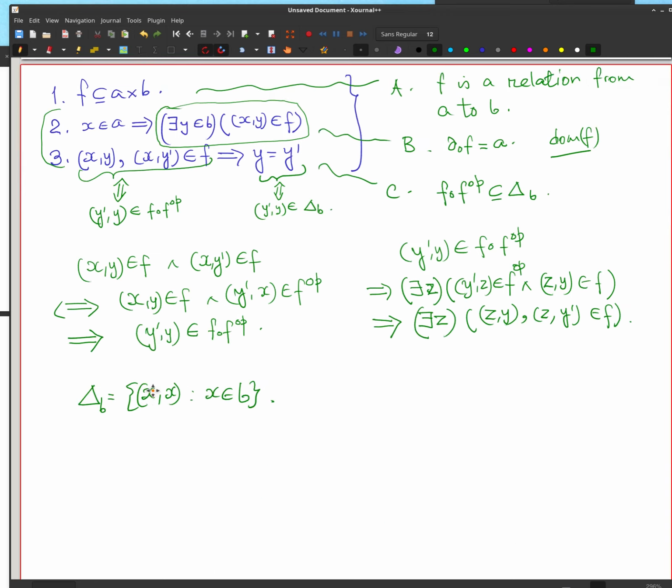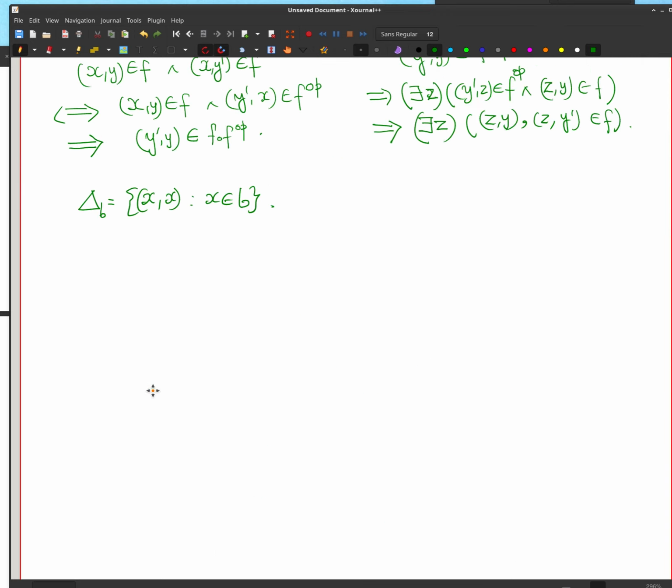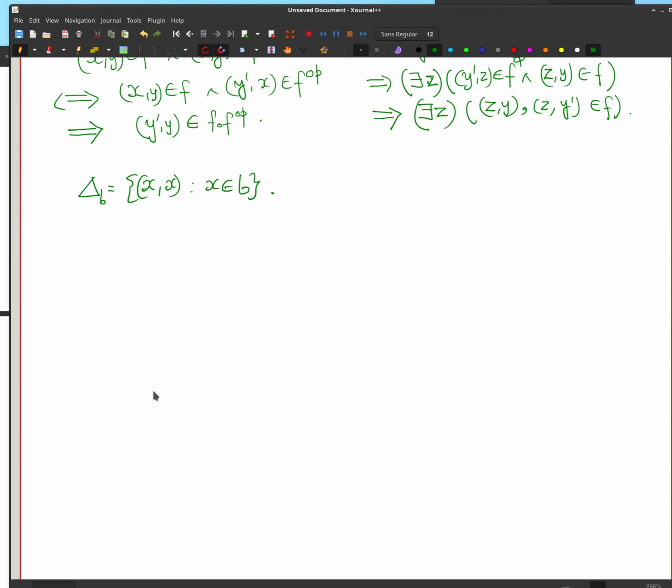Now, we will see later on, even speaking about elements, elements are just some special functions. Given the notion of an element, we can define the notion of a relation and function.